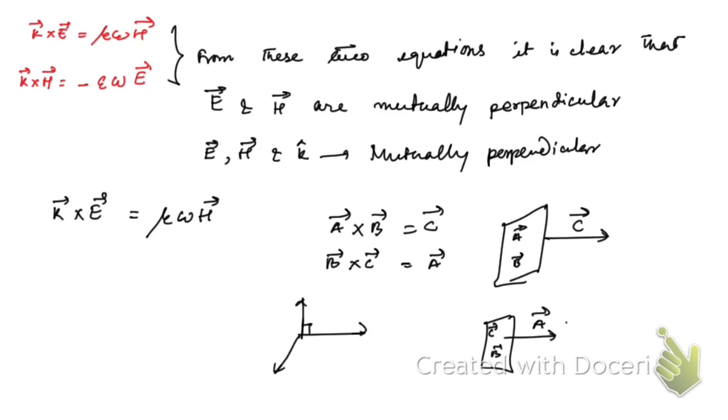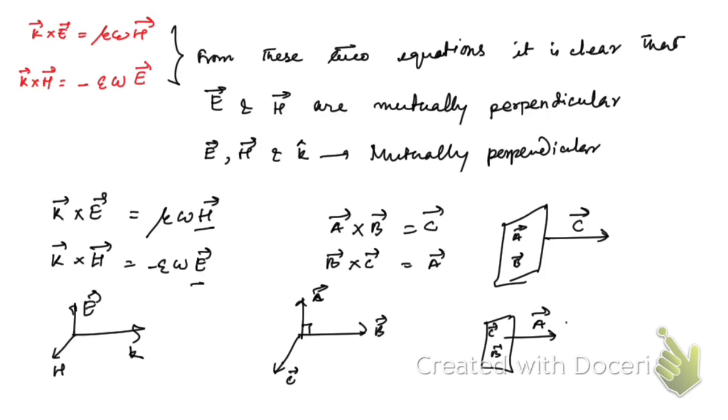Suppose this is A vector, this is B vector, and this is C vector. C is perpendicular to the plane containing A and B. Similarly, A is perpendicular to the plane containing B and C. In this case also, K cross E and K cross H give the vectors H and E, so these three, K vector, E vector and H vector, must be mutually perpendicular. Hope you have understood this.